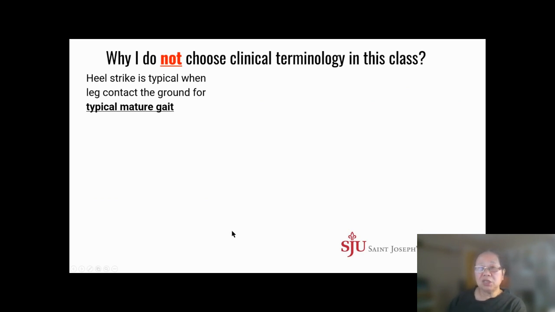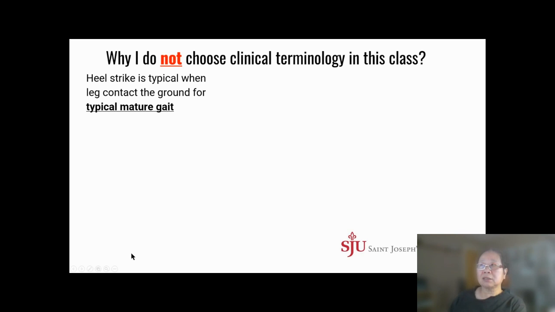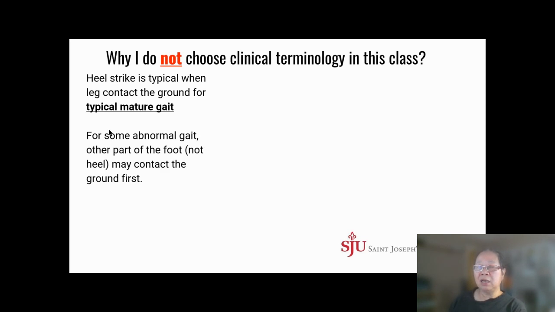I do not choose the clinical terminology for a reason. So remember that the first event is called heel strike in the clinical terminology, but that is only for mature gait. A young child learning to walk or an older person may not have heel strike.